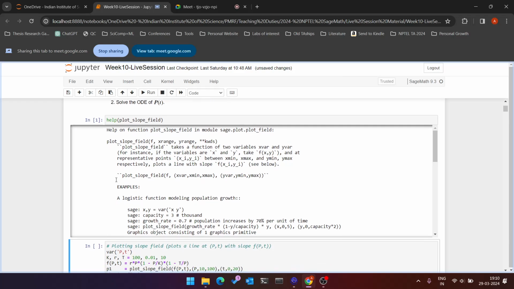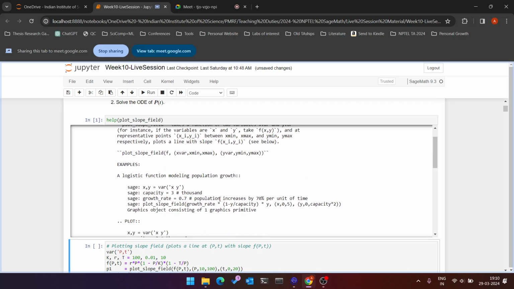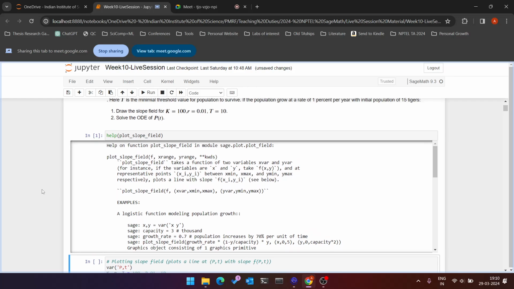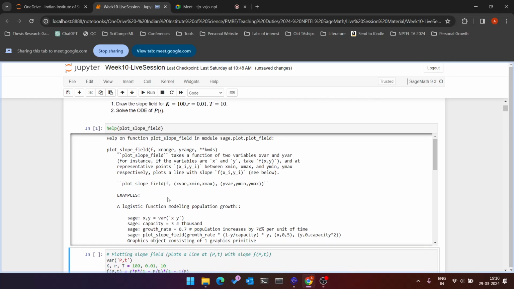So the slope field function is basically used to plot the slope field of f of x comma y. Here we have f of p comma t, and at each point x comma y, it will plot a line with slope given by f of x y.